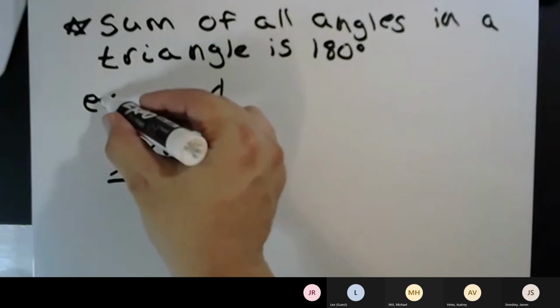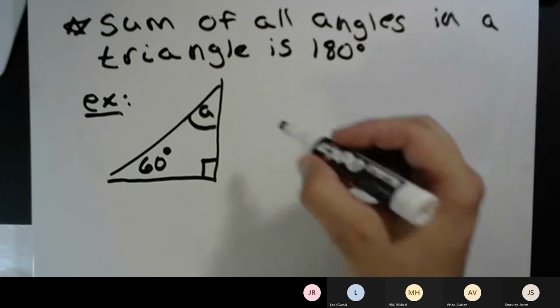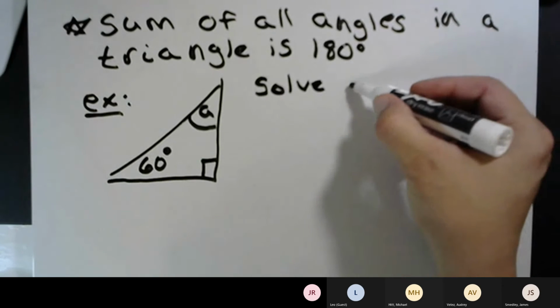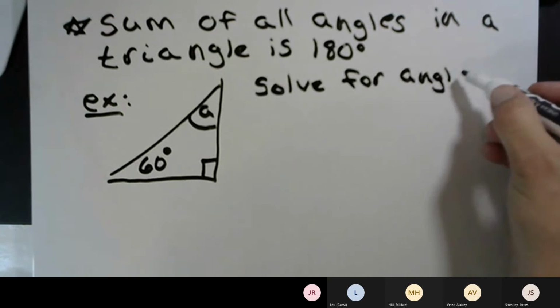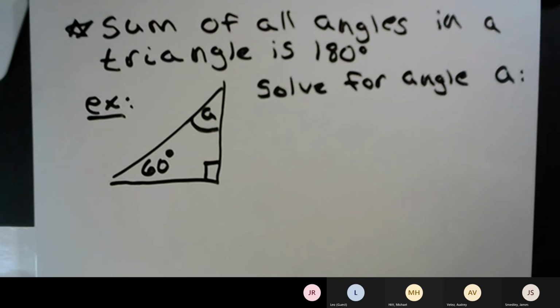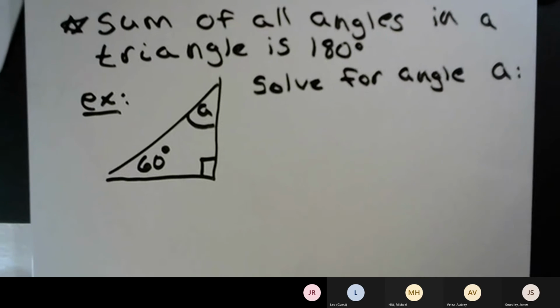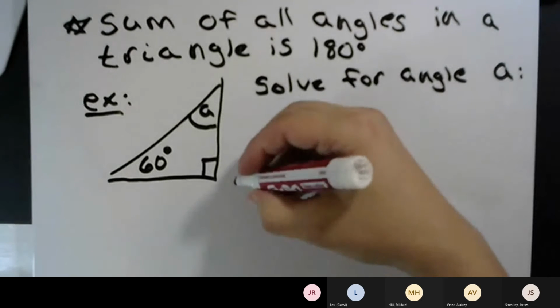A little example here. So for example, let's say we want to solve for angle A. Well, one thing we want to do, we want to identify this 90-degree angle.